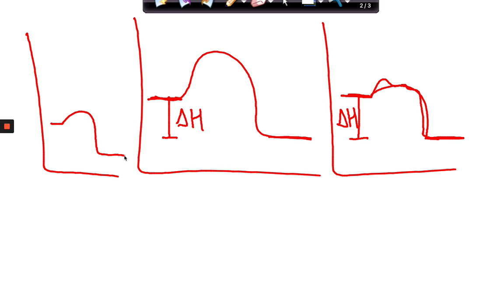Okay, go ahead. Hold on, I got to wrap my head around that. Spontaneous endothermic? Okay, all right. How is it spontaneous? Yeah, let's play with it.